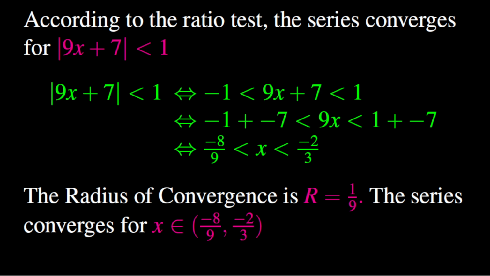This inequality can be further simplified to -8 over 9 less than x, and x less than -2 over 3. Consequently, the radius of convergence is equal to 1 over 9. The series converges for x in the open interval with endpoints -8 over 9, and -2 over 3.